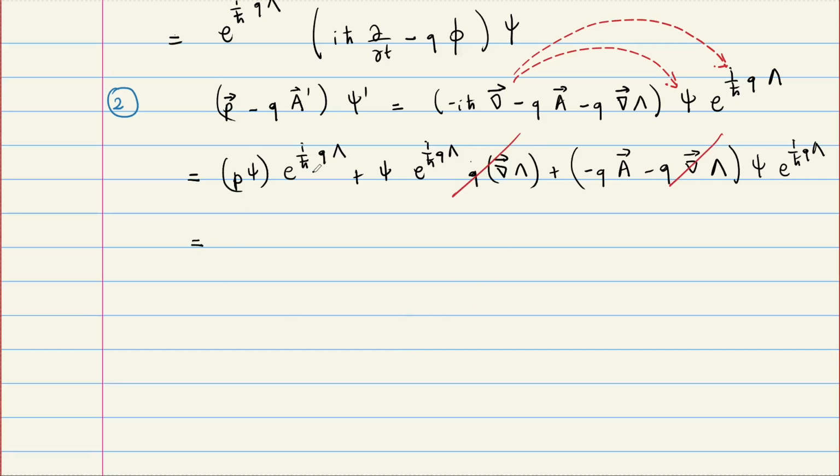So this is going to be, I want to again write e to the i over h bar q lambda, so this is p minus q a acting on psi. Good. So now I have one factor.